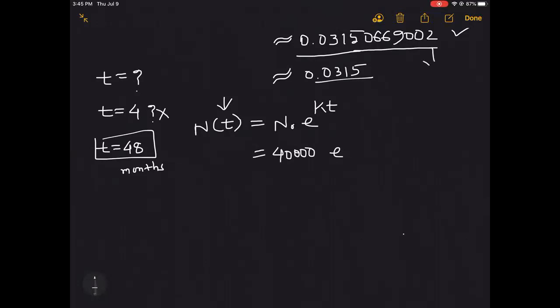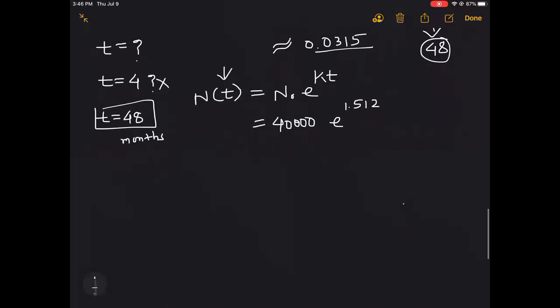Just use your calculator. 1.512. So 1.512. And what's the value of e to the 1.512? Just multiply 40,000 with that.